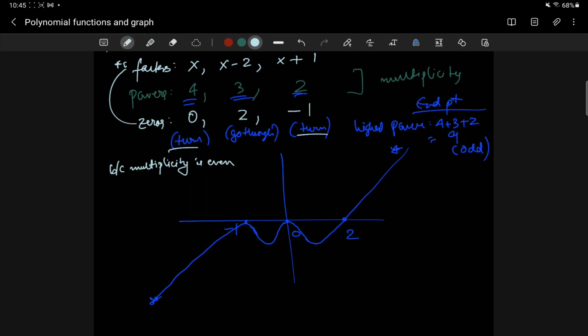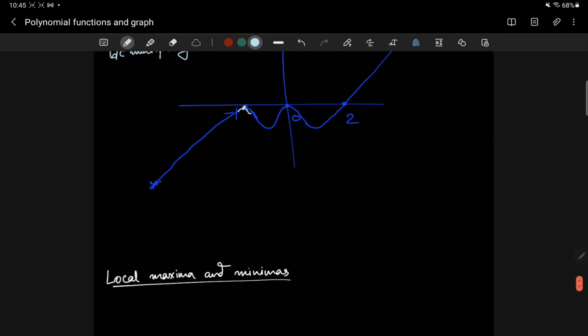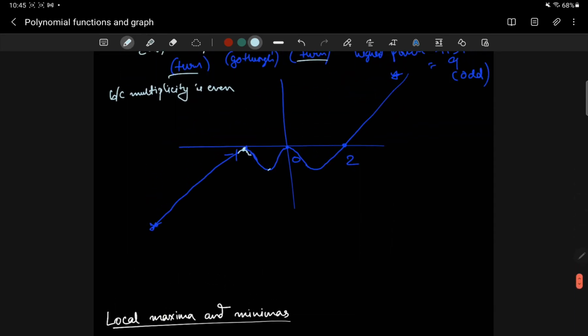Now, one thing you will observe here is that because from negative 1, after it turns, it has to turn back to go to 0 and then back to go to 2, it creates these points which are kind of like local peaks. Now, this one is a local trough, and these could be thought of as local peaks.